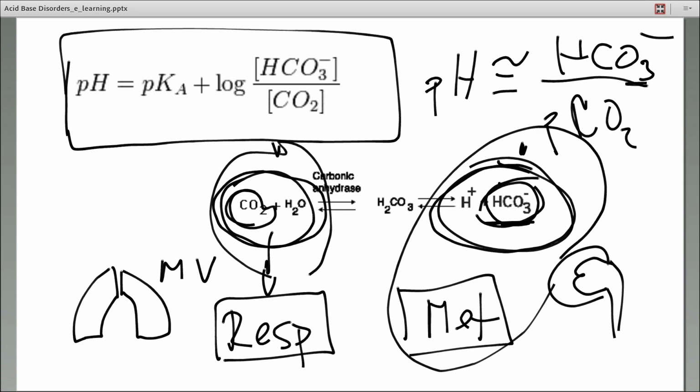That is the important point. With this knowledge, you are able to interpret almost all primary or compensation and a majority of complex acid-base disorders, as we'll see in the next step.